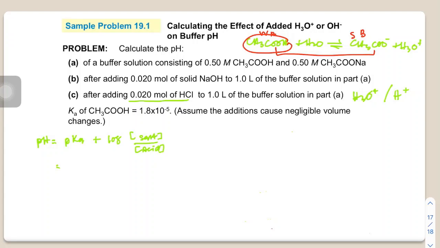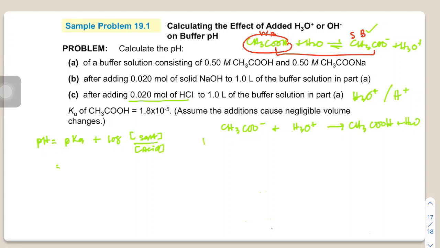Okay, because H3O plus is acid, acetate is the base. So we have to construct the reaction table. So the reaction table will be acetate reacted with the H3O plus being added from the acid of HCl. Then it turns to CH3COOH plus H2O.